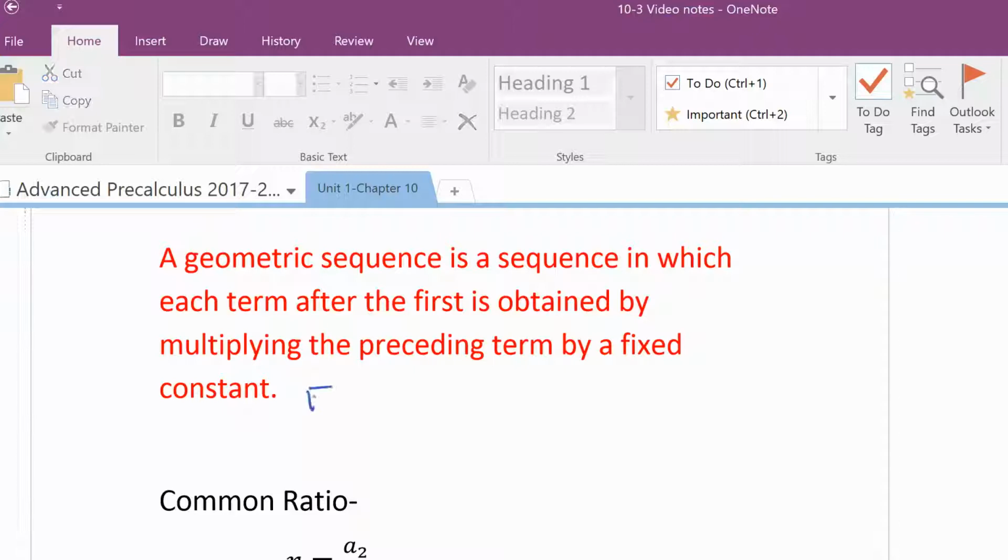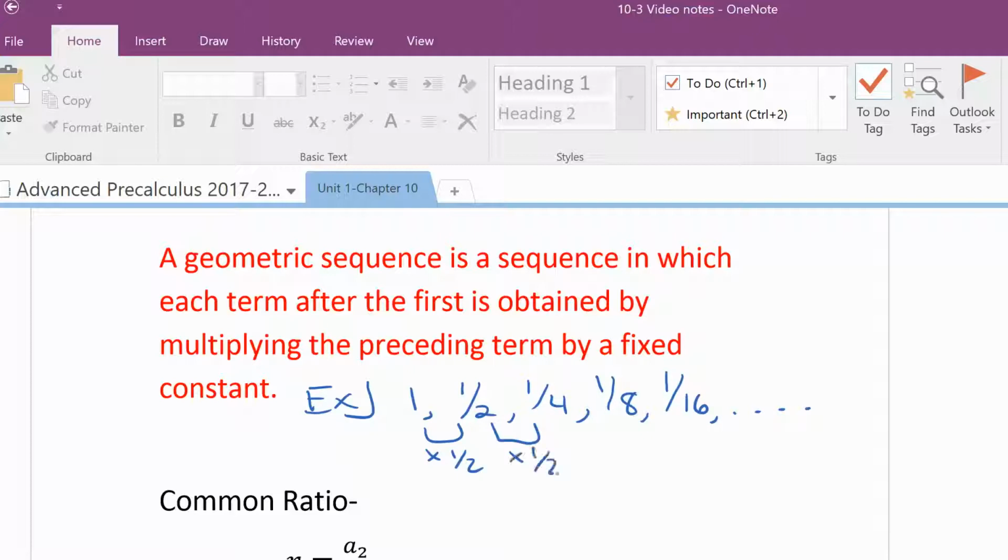So for example, a geometric sequence would look like 1, 1/2, 1/4, 1/8, 1/16, and so on, where you're multiplying from term to term by a common number of 1/2.